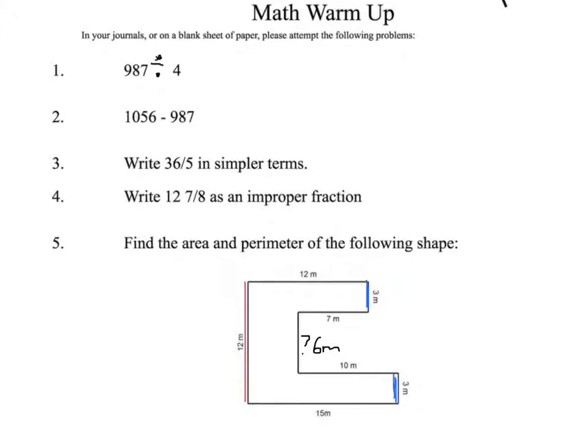So now we have all of our mystery sides almost, because we will eventually have to get these for our area. But let's do perimeter. We just add all the way around it. Well, 12 plus 12 is 24, plus 15, 39, plus 3, plus 10, plus 6 is 19.